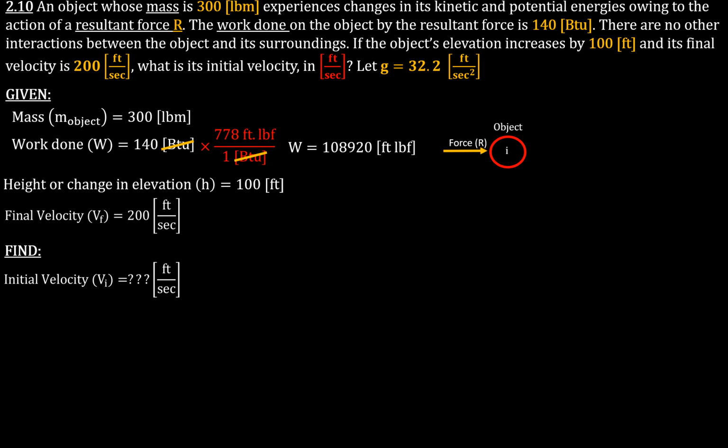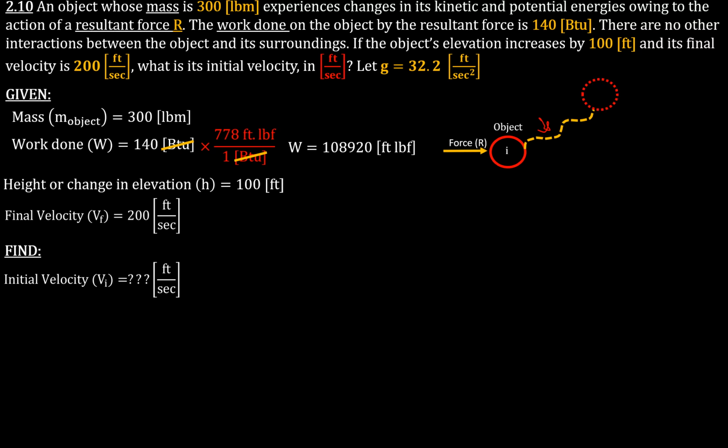And that is its initial position. Now we don't know how this object reached its final elevation of 100 feet, but as we know, force times a distance, or this path distance, is work.